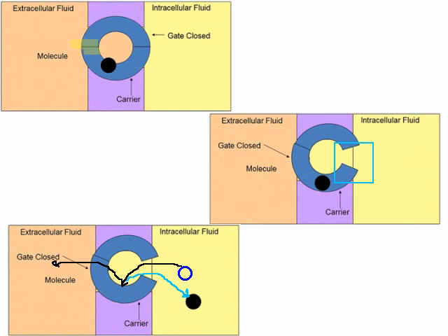Now, we are going to stop here for this WIMBA session. I'm going to record a part 2 to this, which is going to have us looking at channel proteins. It's also going to have us taking a look at a little bit of active transport and the cytoskeleton.